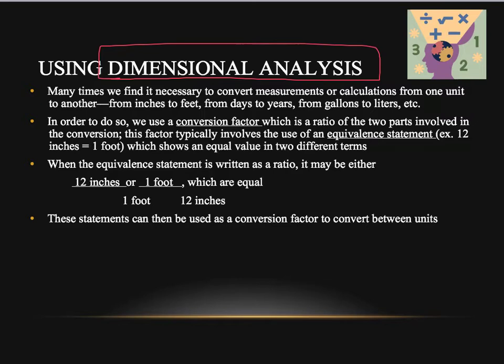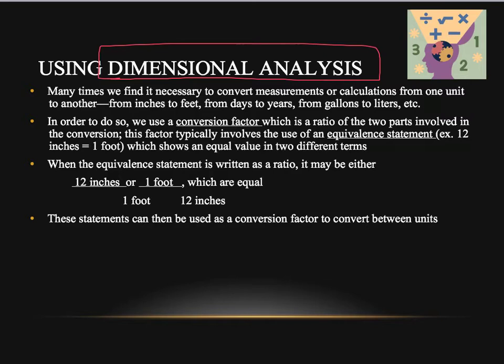It requires the measurements to be converted a lot of times from one unit to 2 or 3 or 4 other units. And so in order to do that, we need to have some kind of conversion factor or equivalence statement that shows us what the ratio is between the two units that we want to convert between.